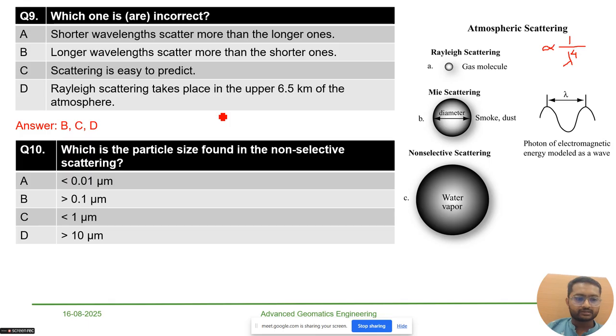Lower atmosphere. Yes, if you go beyond 6.5 kilometer, very few gases are present, not just small or big, but in general very few molecules. Most of them are within 4.5 kilometer only.